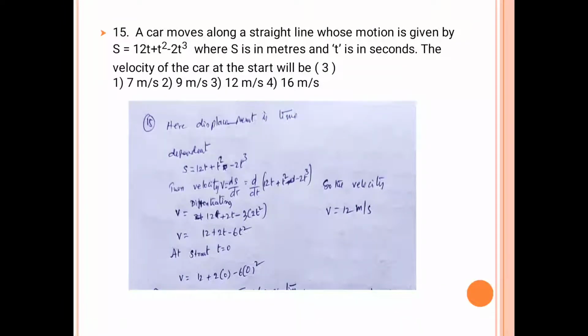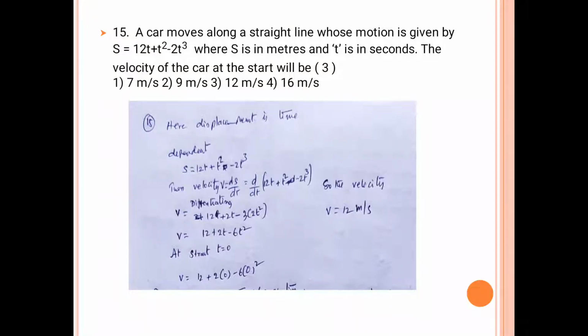After differentiation, we will get 12 plus 2t minus 3t square, so the final v will come as 12 plus 2t minus 6t square. At start t is equal to 0, putting t equal to 0, you will get v is equal to 12 meters per second. The answer is 12 meters per second.